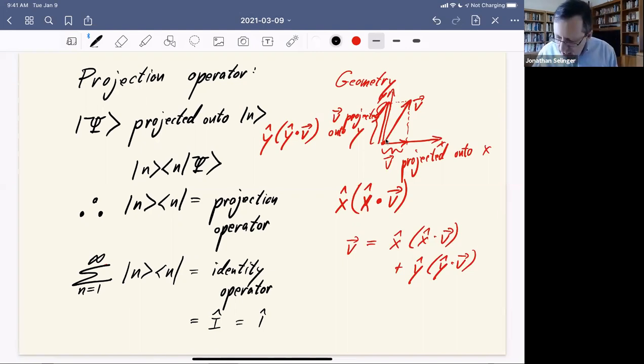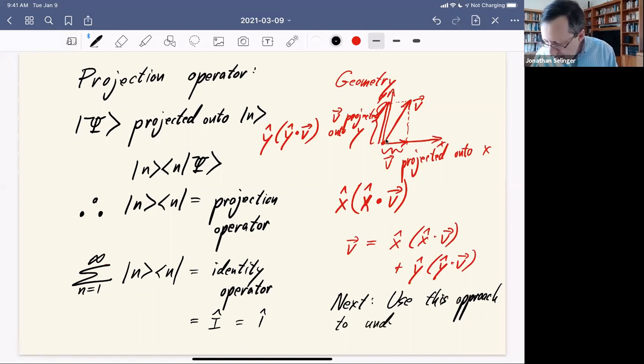So the next thing is to use this approach for operators, as another way to understand what an operator does.